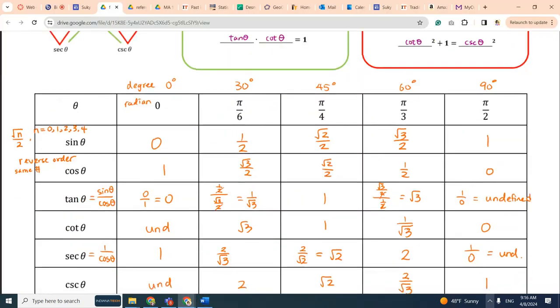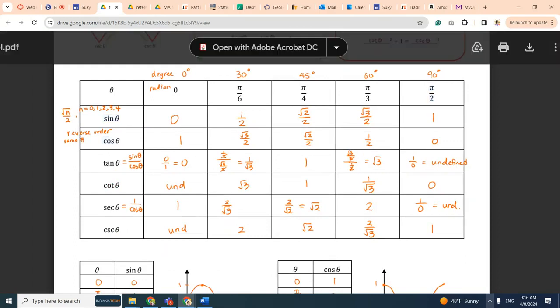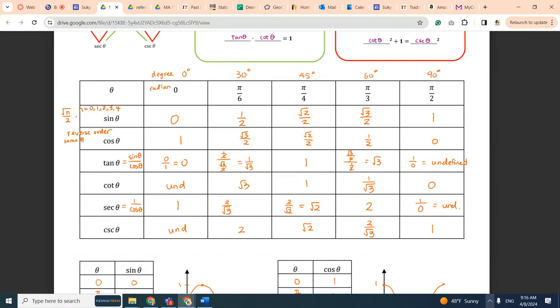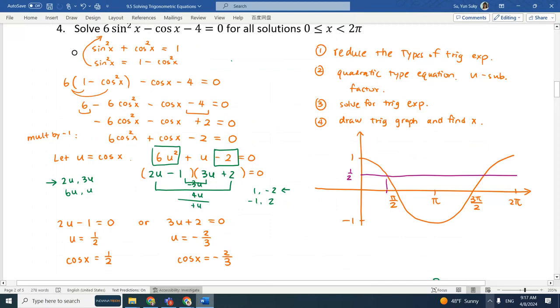So how do we know? Cosine of 1/2, the angle is pi over 3. Is that okay, everybody? So this is pi over 3.